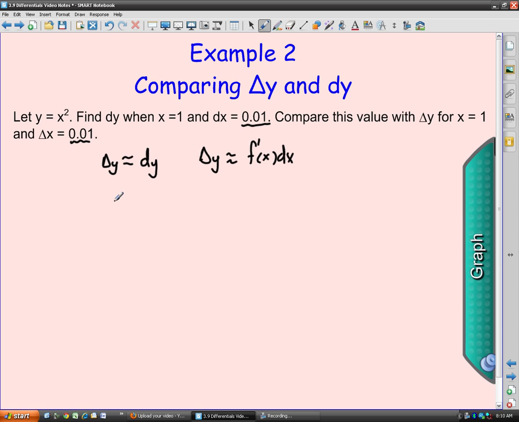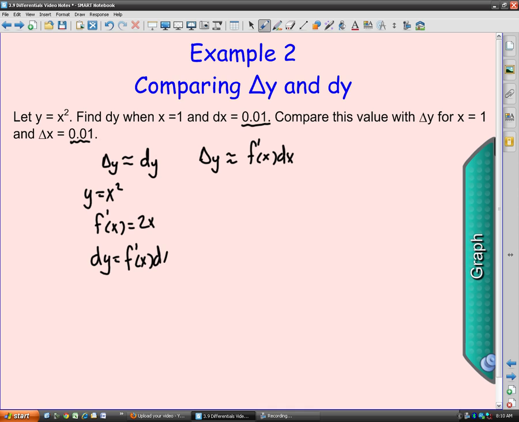Since y is x squared, f prime of x is 2x. If we know all of this, we can approximate our dy, which is f prime of x dx.